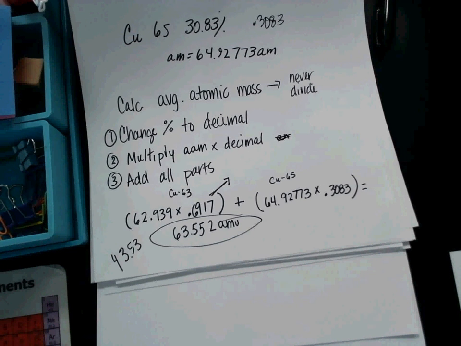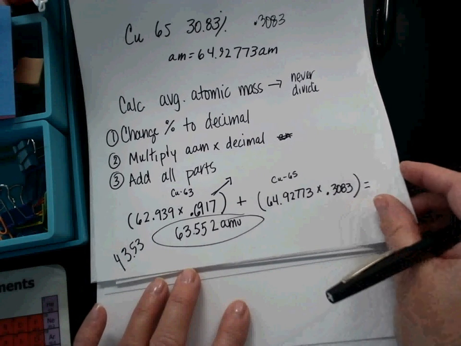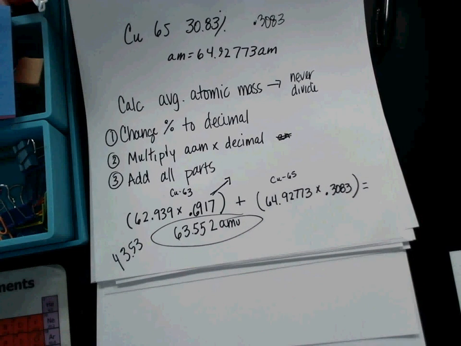Did you get that part? Are you good now? Anybody who didn't get it, are you good now? Because if you get these wrong, it's like a big chunk on your quiz. Nobody wants to fail a quiz, right?